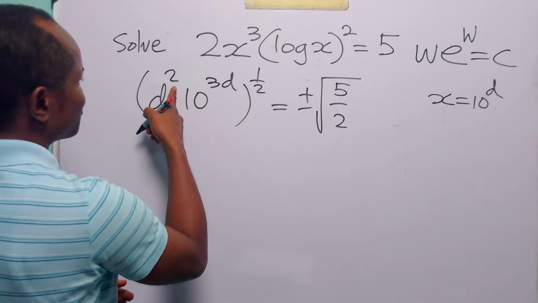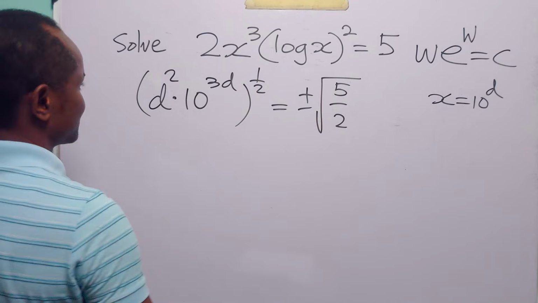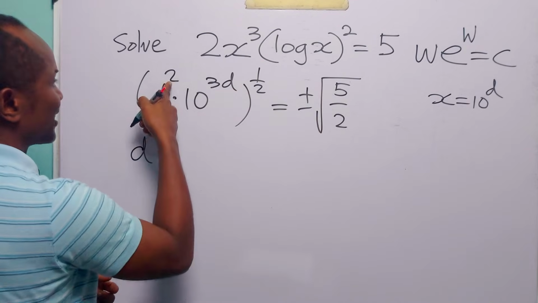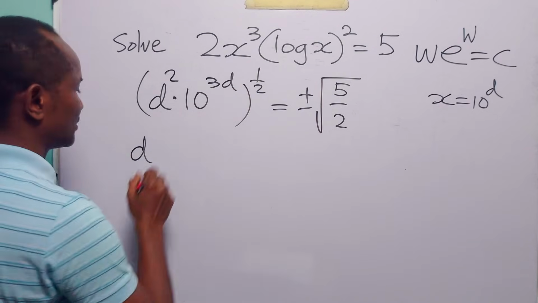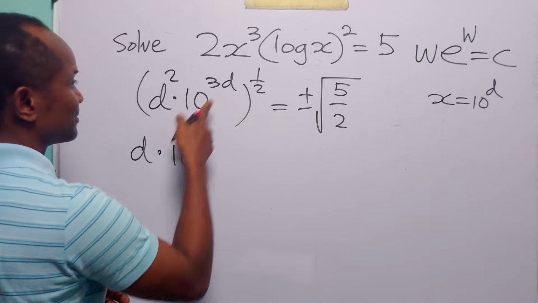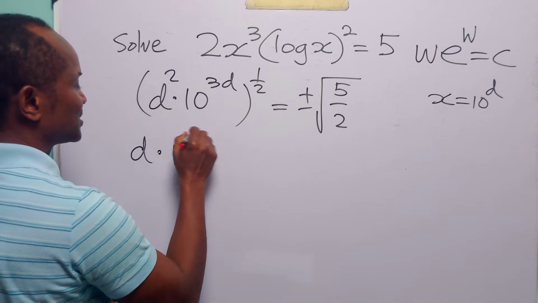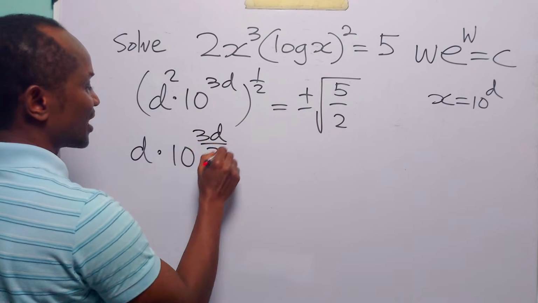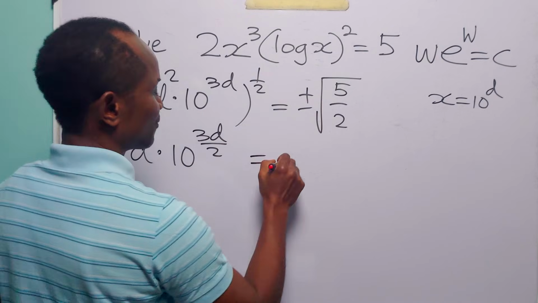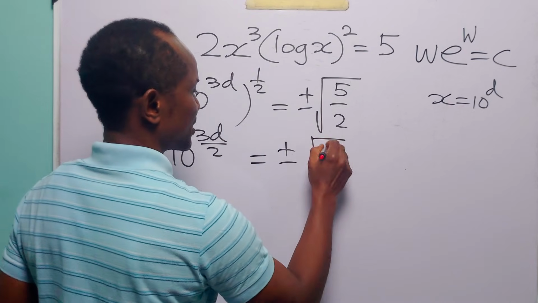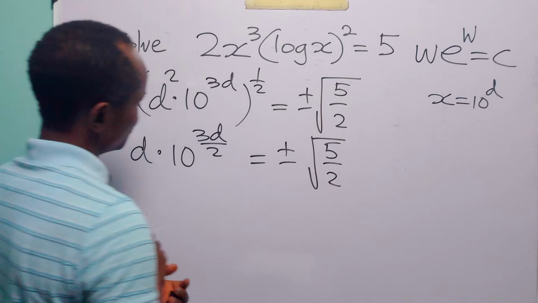And of course, to open this bracket, we multiply the powers. So we have d to the power 2 times half, which is 1, times 10 to the power 3d times half, which is 3d over 2. This is equal to plus or minus the square root of 5 over 2.